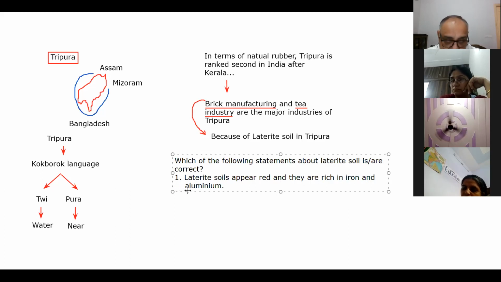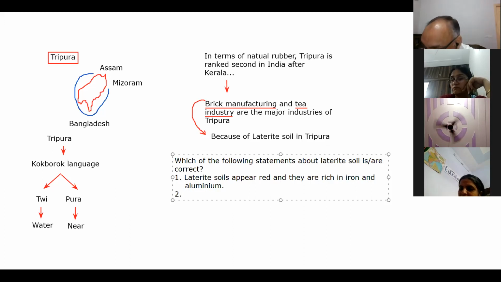This is the one statement. Suppose this question is asked to you. Second statement, let us take that.